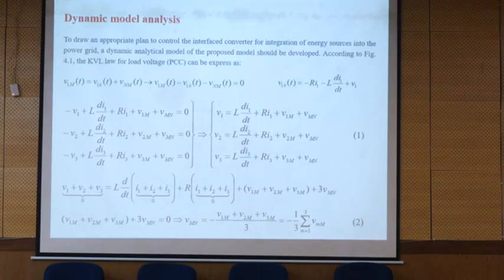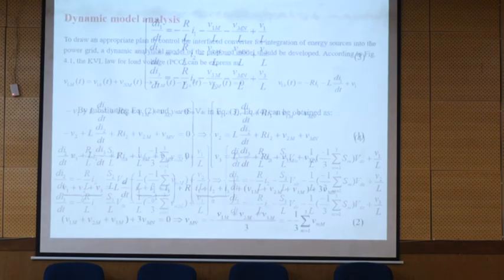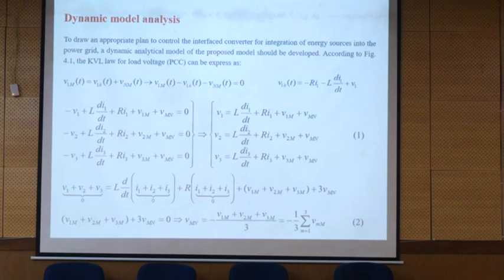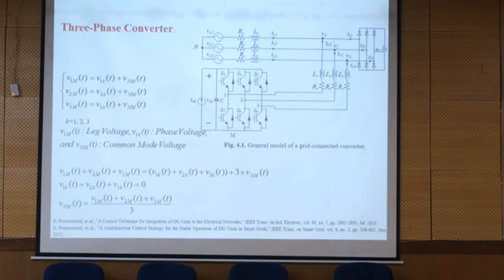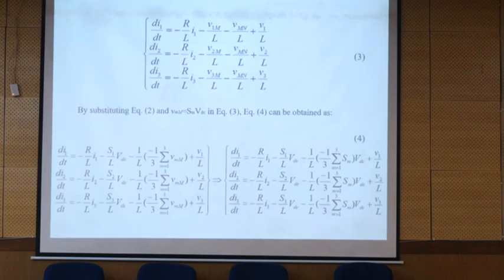So now get back to the equation again, because this is the model of this grid connected system. And now we are going to talk about the dynamic model of the system. Let me ask you a question. What was your name?